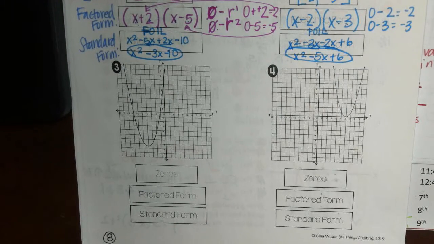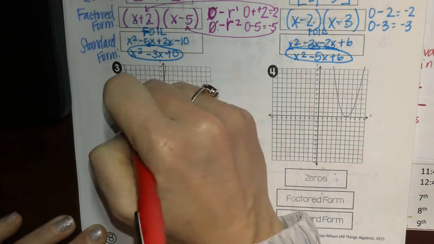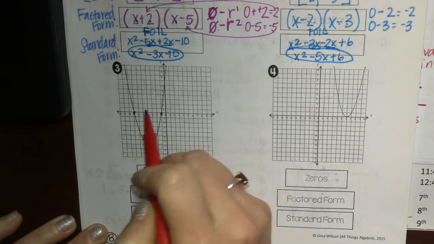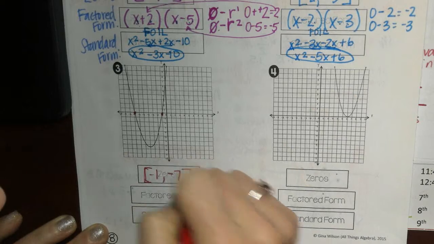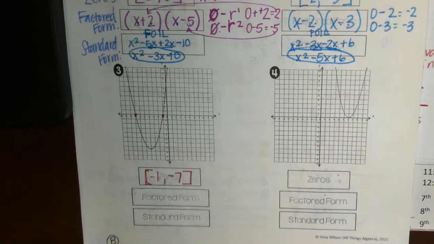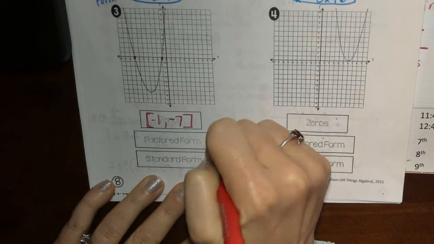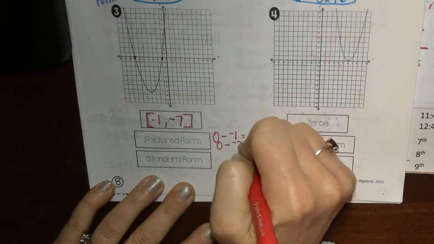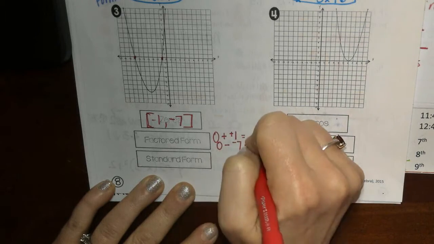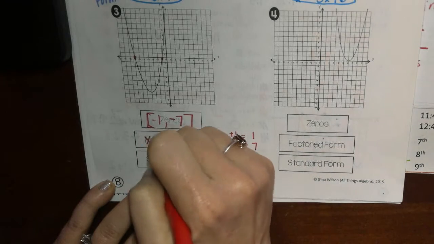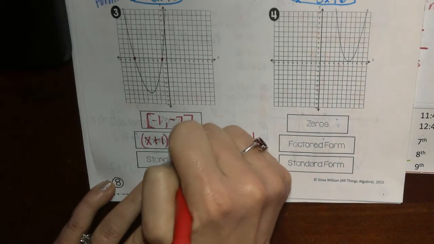Moving on to number 3. It helps to do these in repetition, guys. We have 2 zeros, a -1 and a -7. Factored form would be 0 minus -1 and 0 minus -7. That's a positive 1 and a positive 7, so x plus 1 and x plus 7.